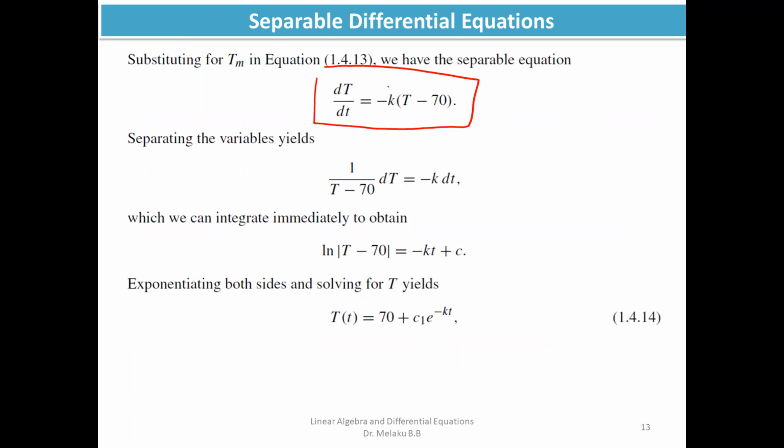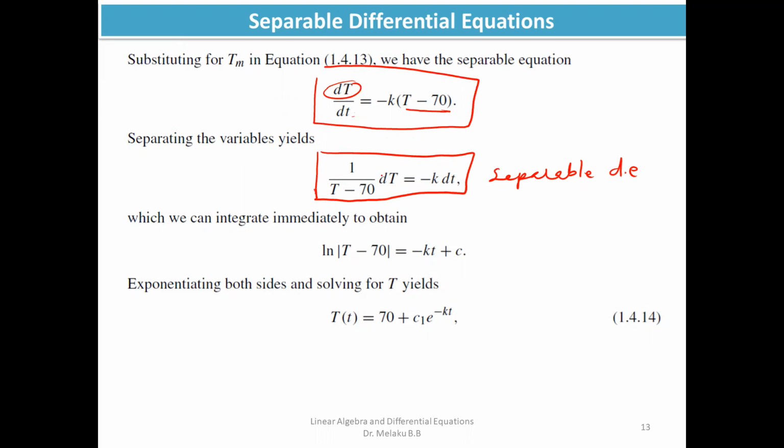Yes, we are going to apply the separable equation method, because we can separate. If we take T minus 70 to this side and dt to the other side with minus k, then just like this, the Newton's cooling differential equation is simply considered as a separable differential equation.